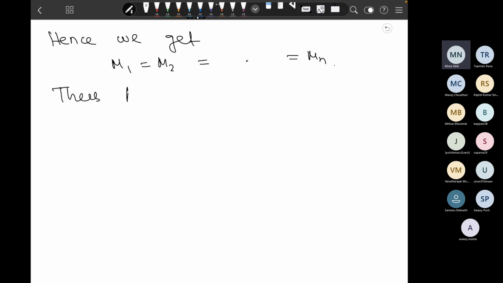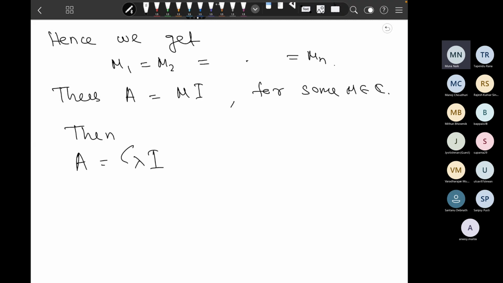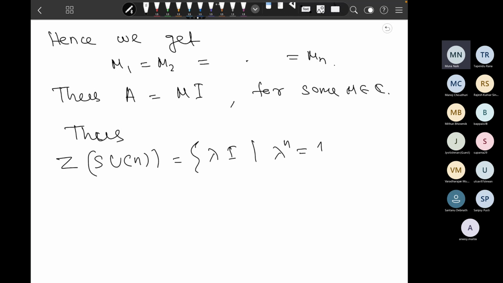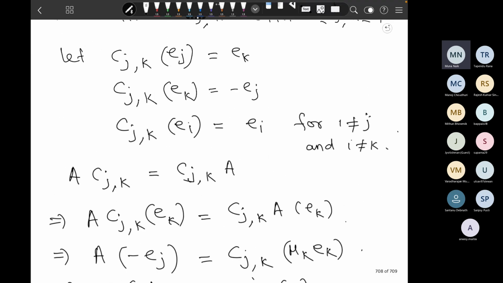Thus A is equal to really mu I for some mu belongs to C, and then you get this thing A is equal to lambda I, so that lambda to the power n is equal to, so this is for SUn.